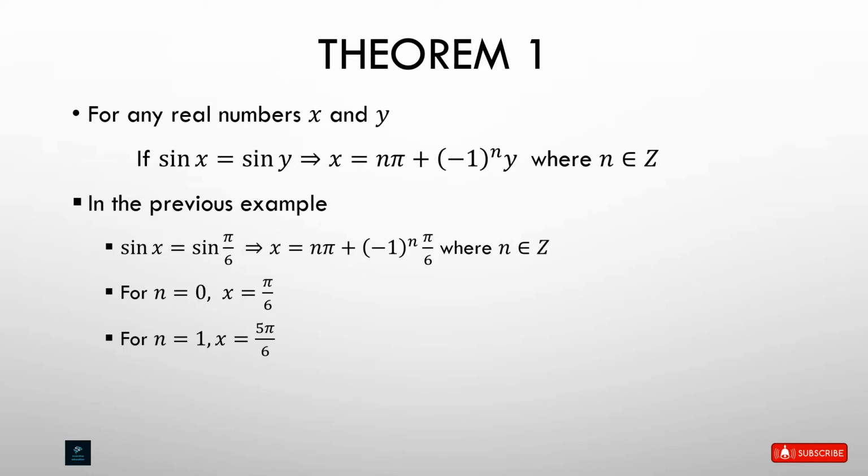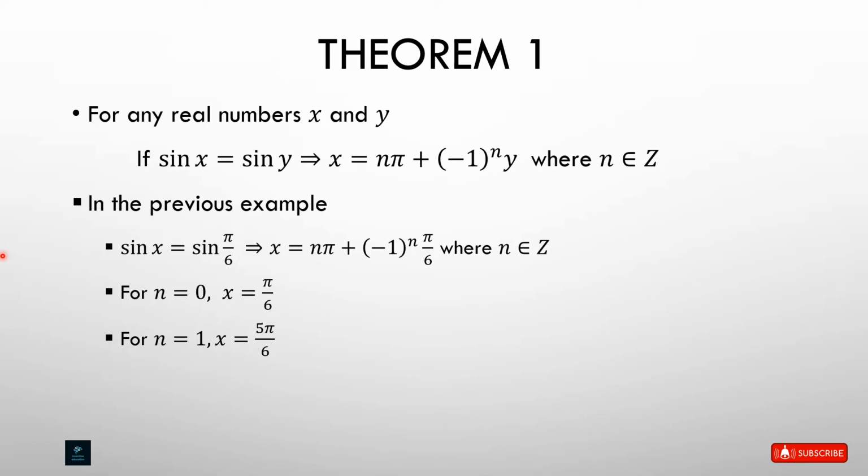So the first theorem that we will use for solving the trigonometric equations is: for any real values of x and y, if sine x is equal to sine y, this implies that x is equal to n pi plus minus 1 to the power n y, where n is any integer.